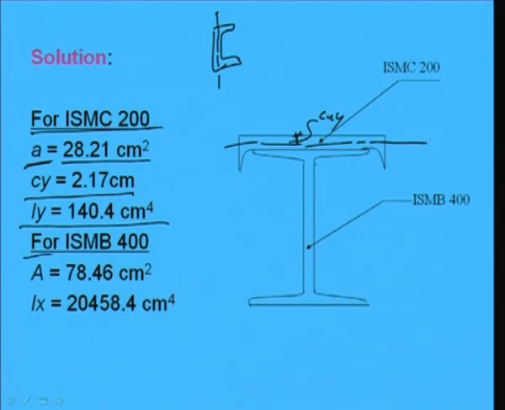Similarly, for ISMB 400 the area is 78.46 centimeter square and IX is 20458.4 centimeter to the power 4. The moment of inertia is given.